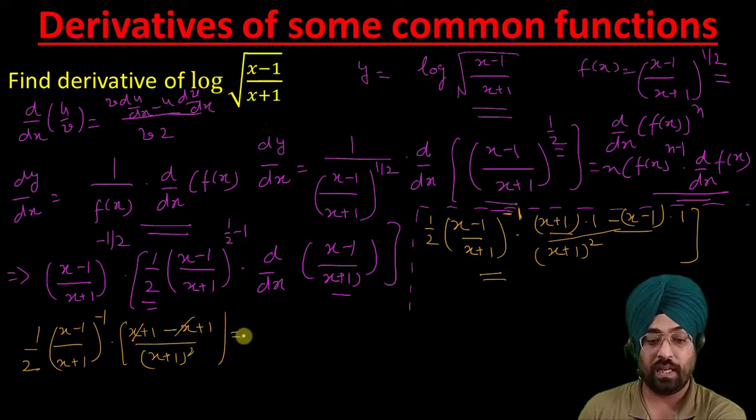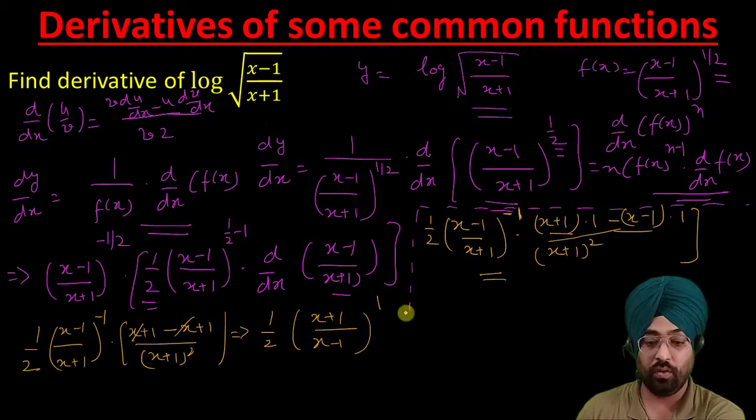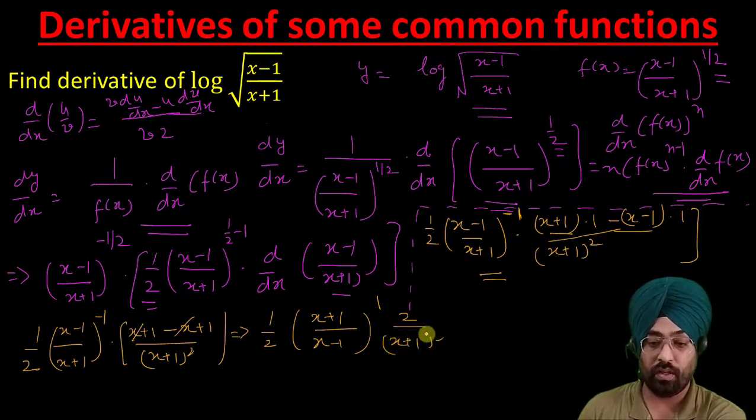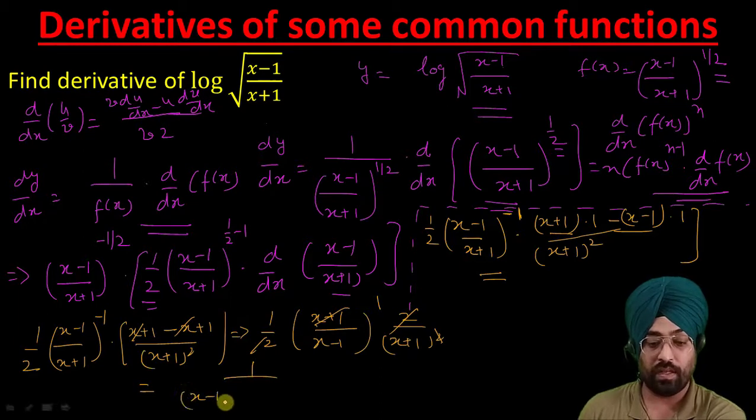We write it as 1 by 2, keeping x plus 1 up and x minus 1 down, which changes the sign of the power and makes it 1. Into 2, over (x plus 1) square: 2 gets cancelled, and one x plus 1 gets cancelled. So our answer is 1 divided by (x minus 1) into (x plus 1).